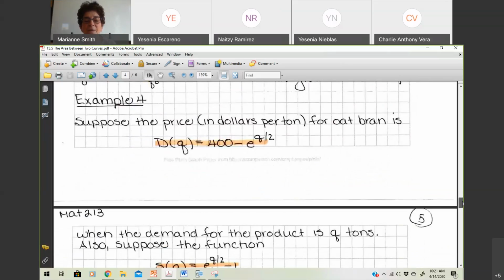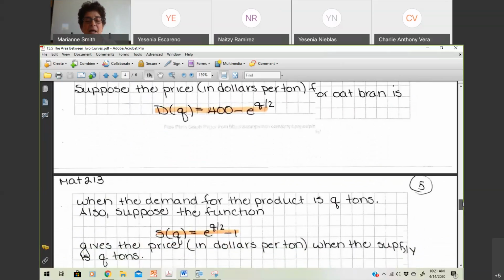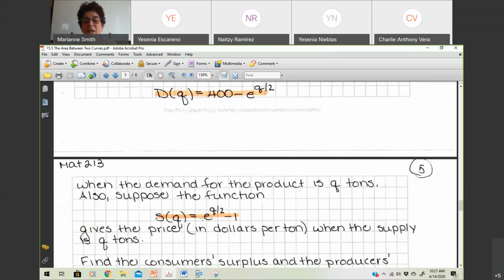That's my model for price when Q tons of it are demanded. And let's say I also have a supply curve that gives the price in dollars per ton when the supply is Q tons, and that's this.